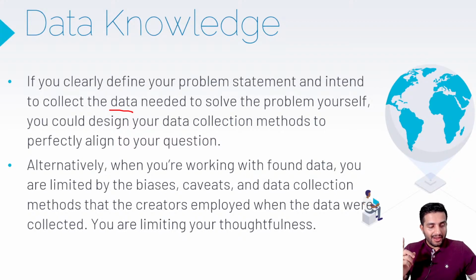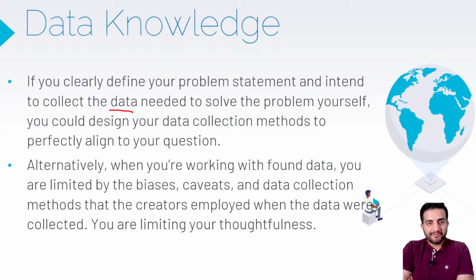So understand one thing. I have a problem statement which I'm trying to solve. And for that problem statement, there could be two approaches for the data which you might need. But even before that, you need to understand what exactly you need, which can help you to solve that problem. Correct?